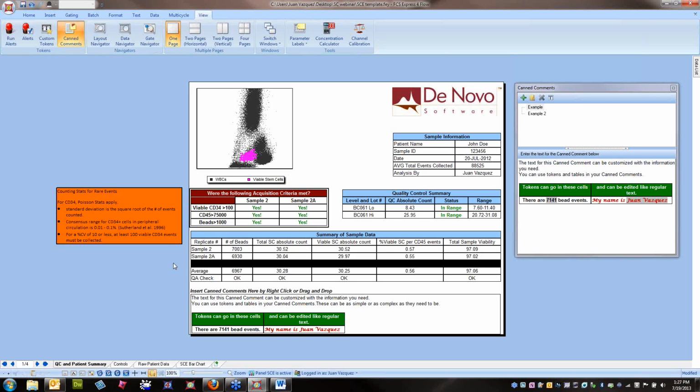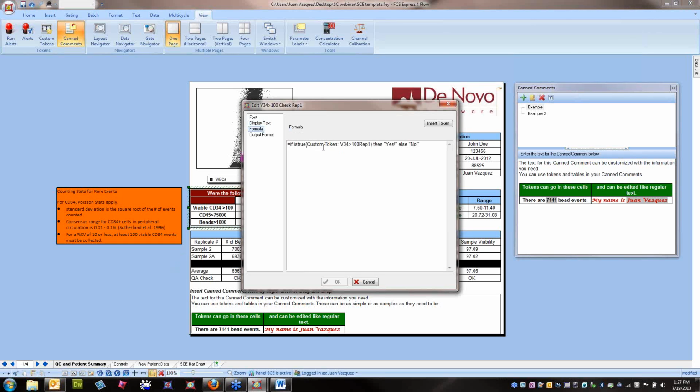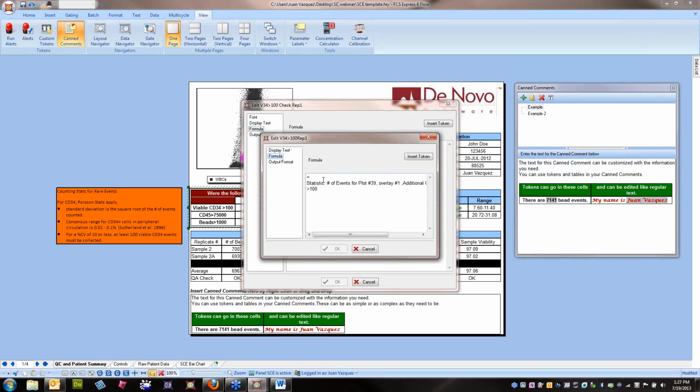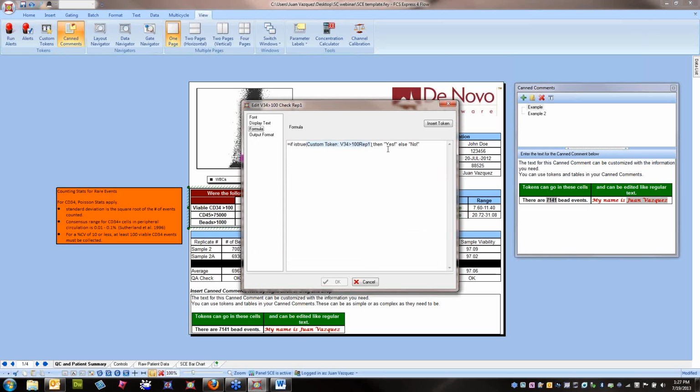So we've created tokens where we evaluate whether a particular condition is true. I've created a custom token to look at my CD34 events and make sure the count is greater than 100, by looking at whether the number of events within a gate is greater than 100. If it's true, the custom token gives me the output yes.